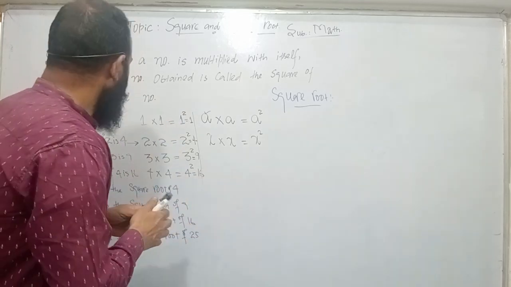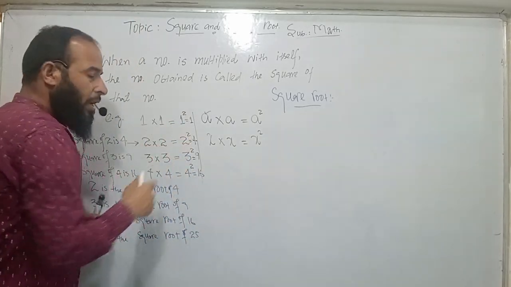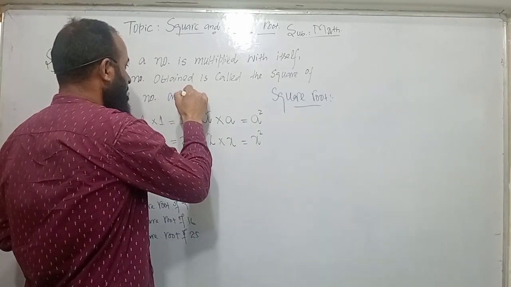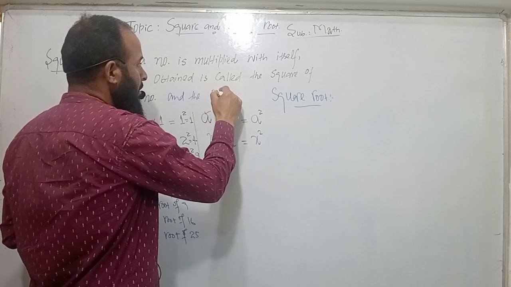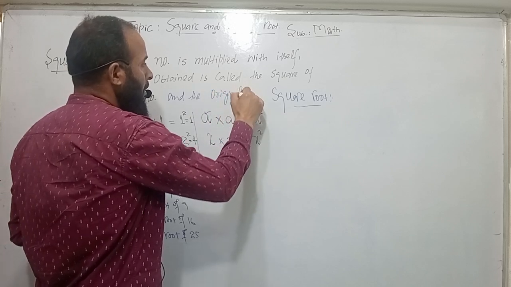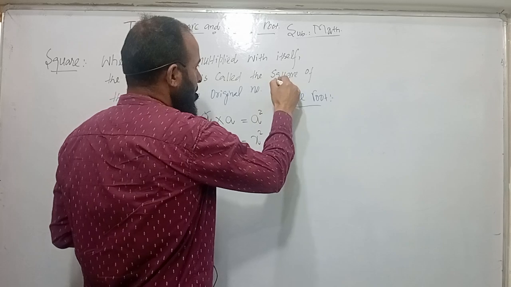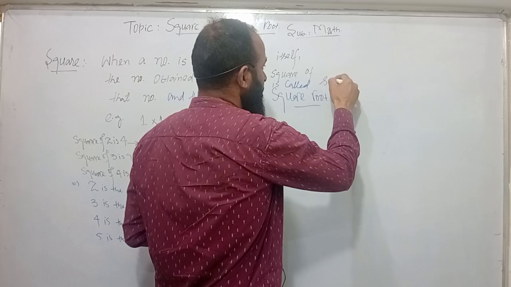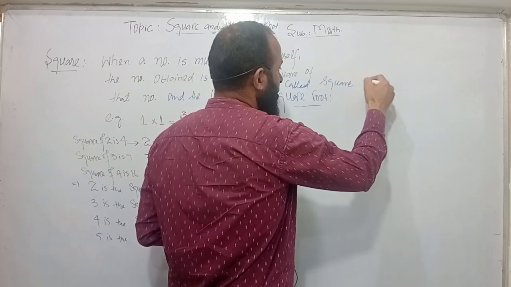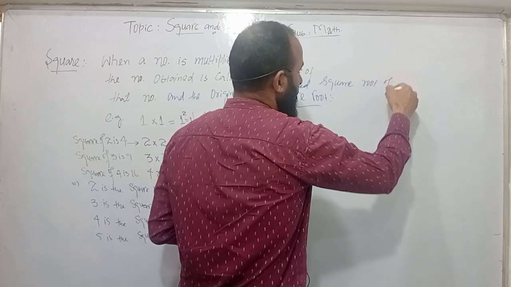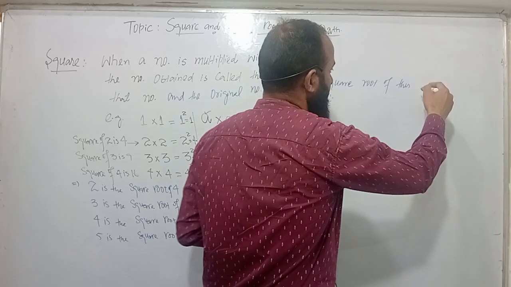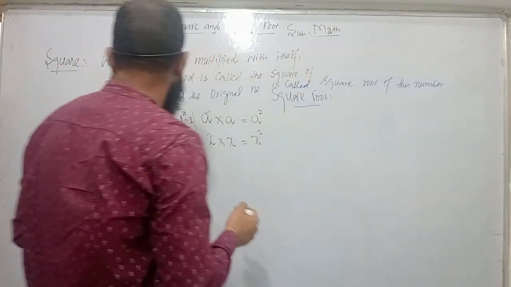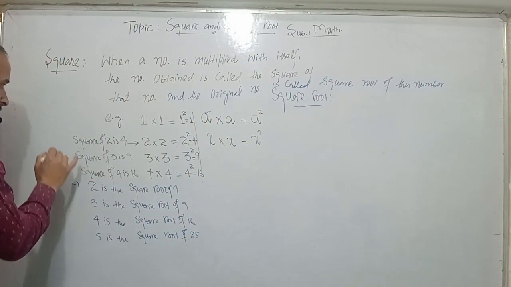The number obtained is called the square of that number, and the original number is called the square root of this number. You can see from this example.